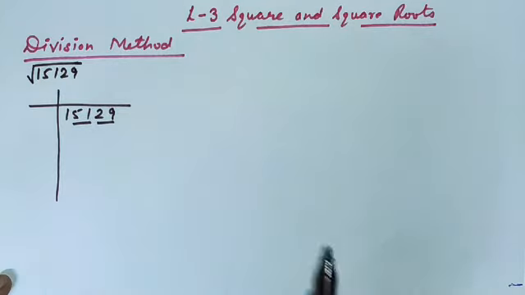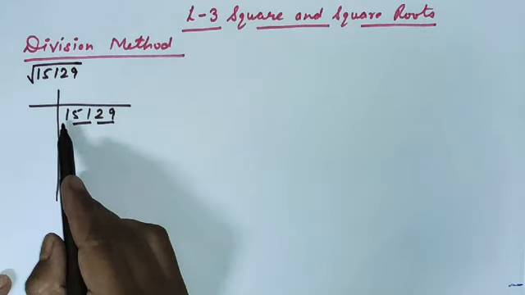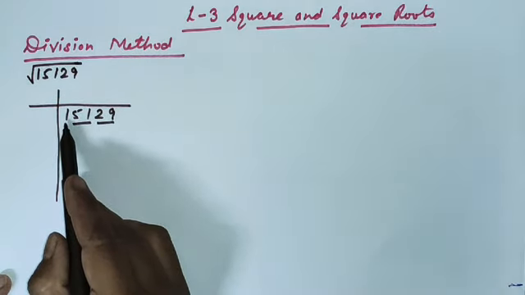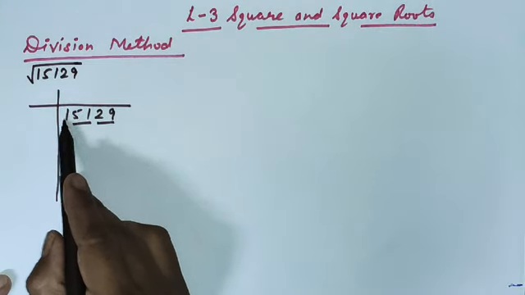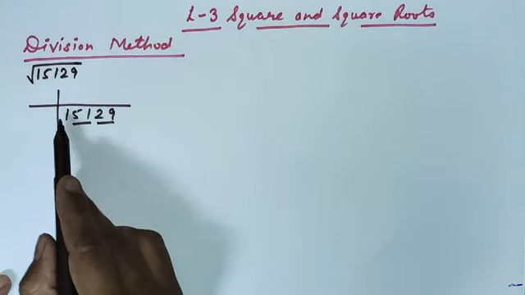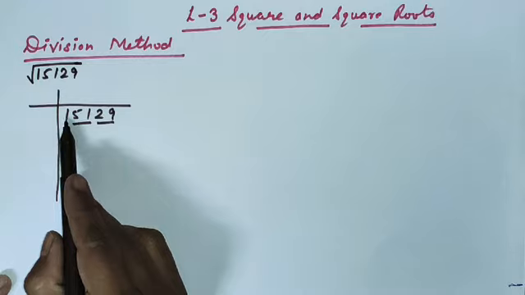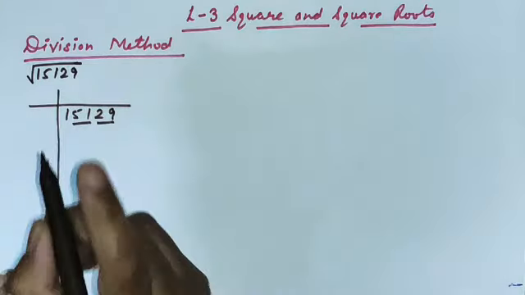So 1 is left. Now the second step, after forming the pairs, is to find the greatest number whose square is either equal to this number, that is 1, or less than this number. Here I have 1 and I know that the square of 1 is 1. So I will write 1 ones are 1.